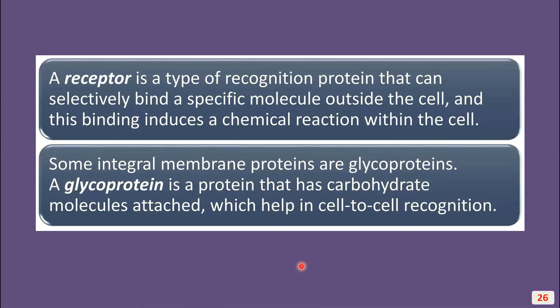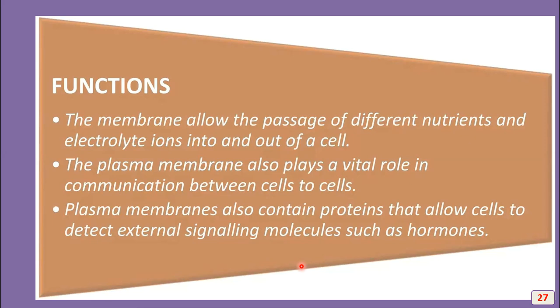Glyco means glucose, and glyco plus protein, both glucose and some amino acids, are combined together, and then they are formulated as glycoprotein containing medicines. Then the functions of the cell membrane: it allows the passage of different nutrients.